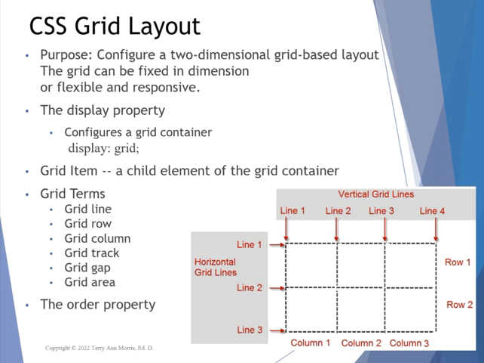Some uses of grid layouts are to configure a two-dimensional grid-based layout. The grid can be fixed in dimension, that is flexible and responsive. The display property configures a grid container, such as assigning grid for its display values.